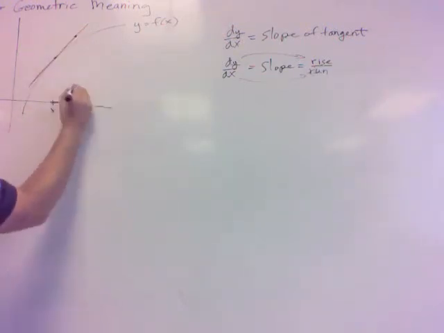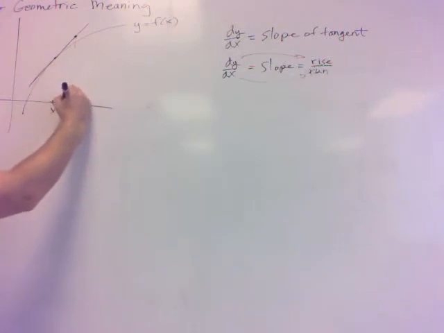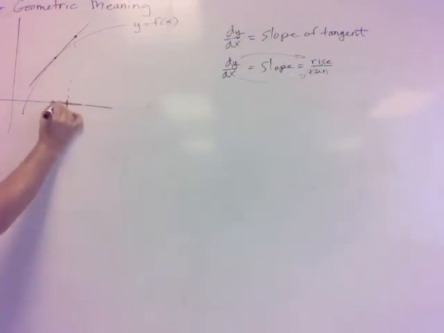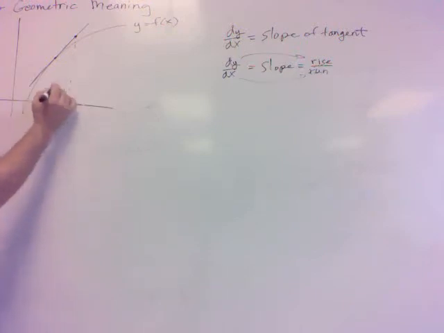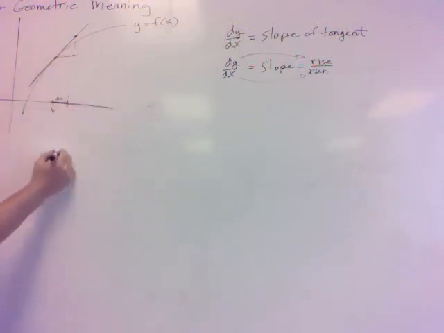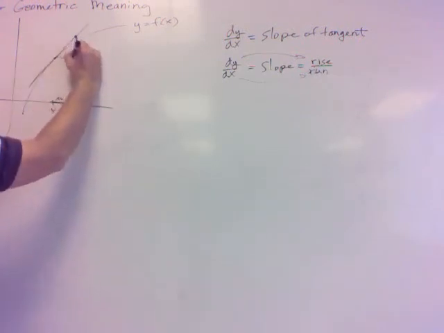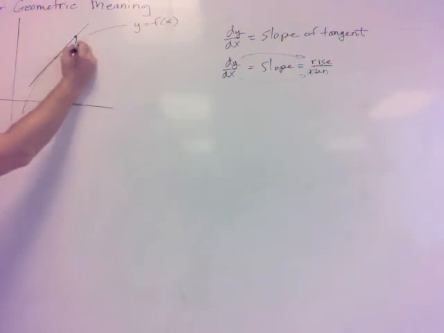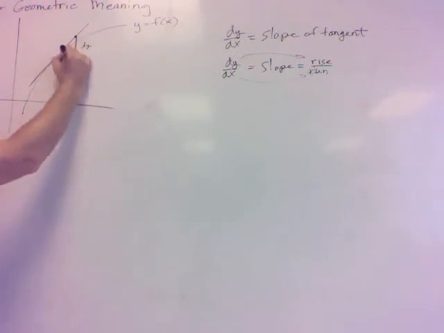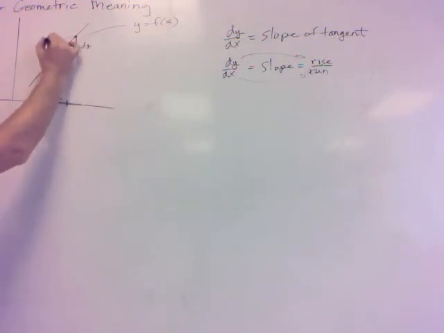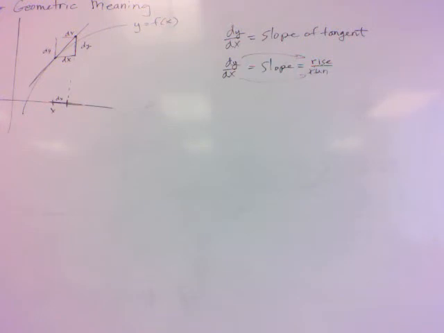And so wouldn't this from here to here, wouldn't that distance there be dx? Huh? And this, what would this be? Wouldn't that be dy? Okay, so usually we do rise over run, so that's dy and that's dx, but also we could put that over there. Okay? All right. There you go.